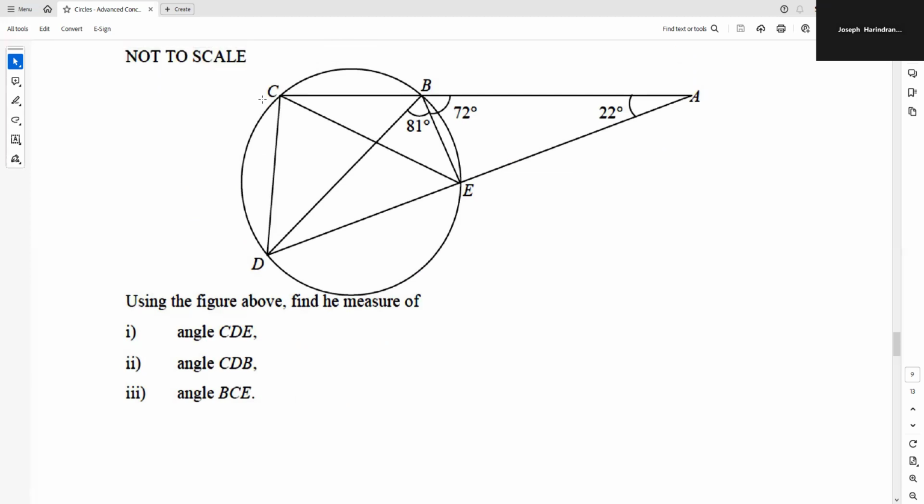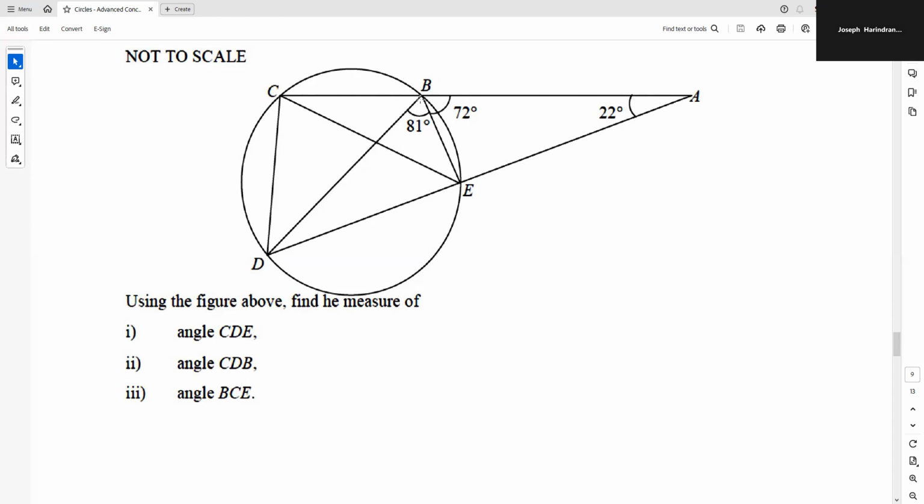Angle BCE is equal to angle BDE, the angles in the same segment. But BDE is the third angle of the triangle ABD. Look at that big triangle there.